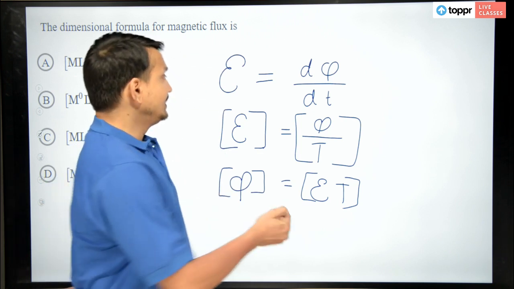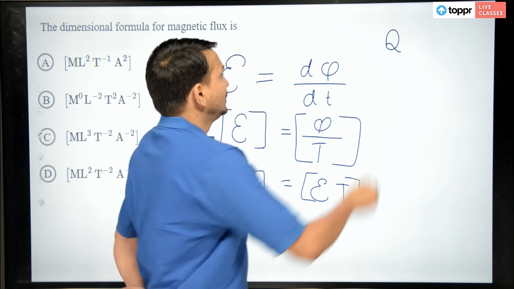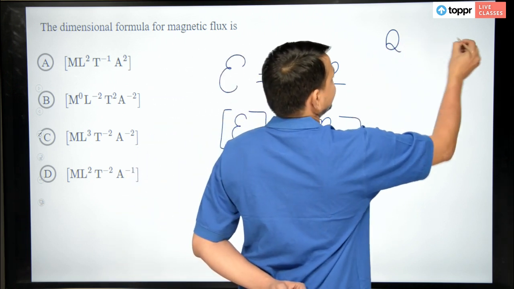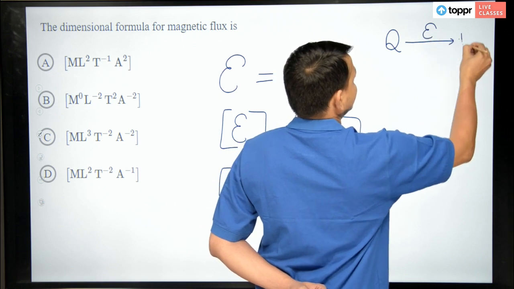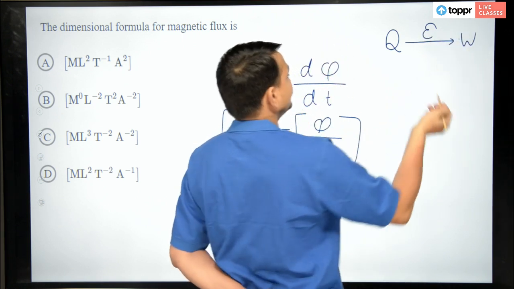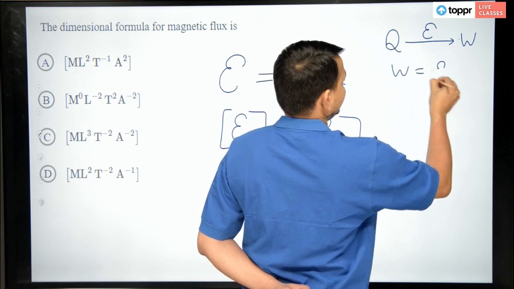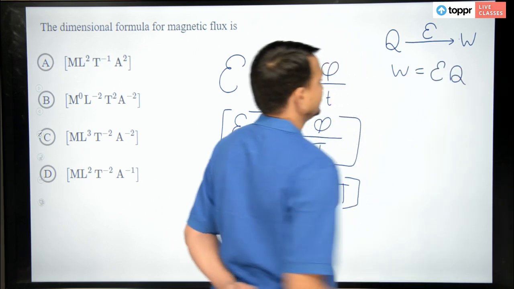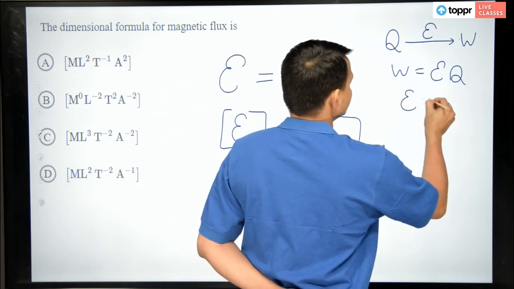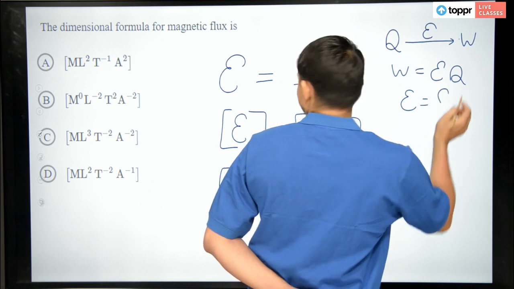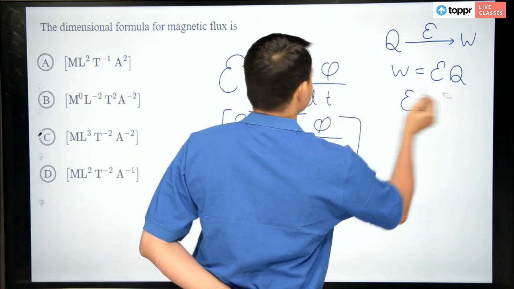So if a charge Q moves through an EMF E and does a work W, we know that W is related to E times Q. So we can say that E equals W by Q, W being the work done.